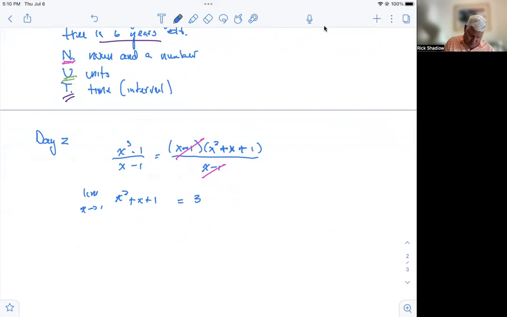In example 2, it's pretty clear the limit as x goes to 1 from the left is -1.